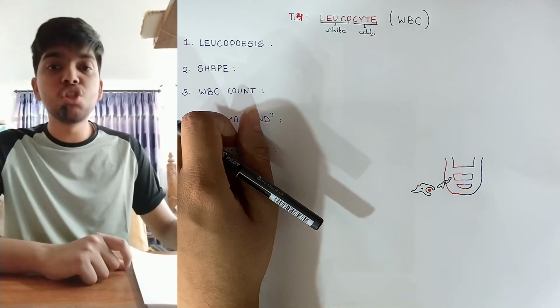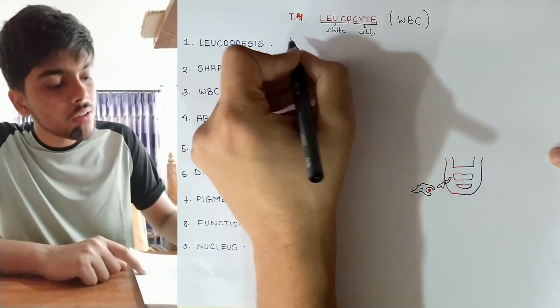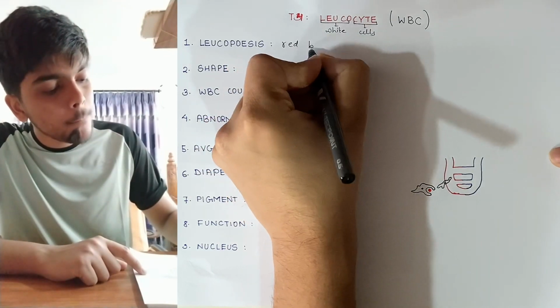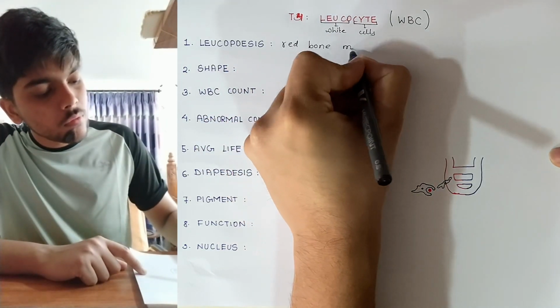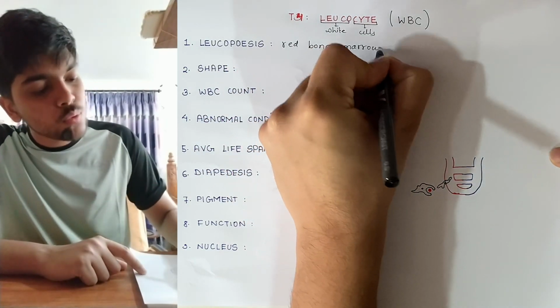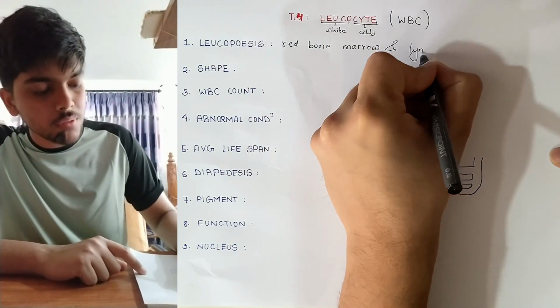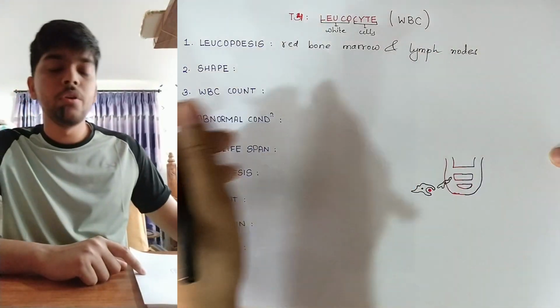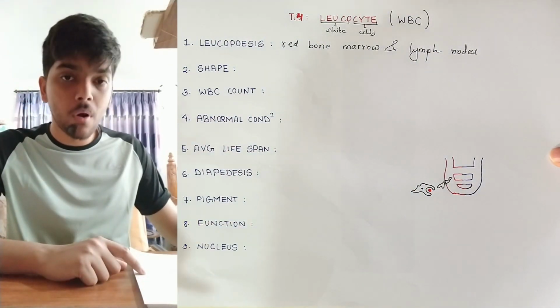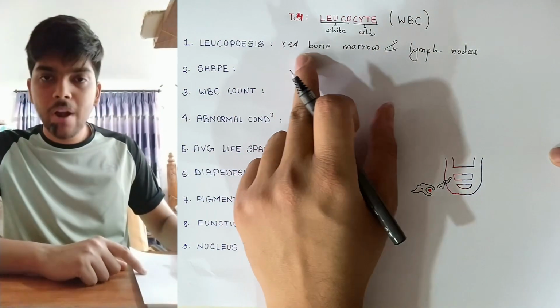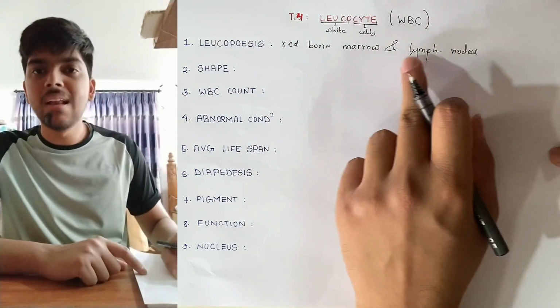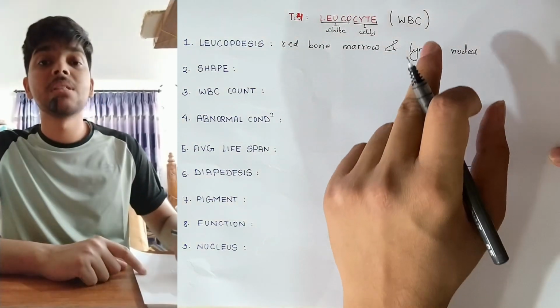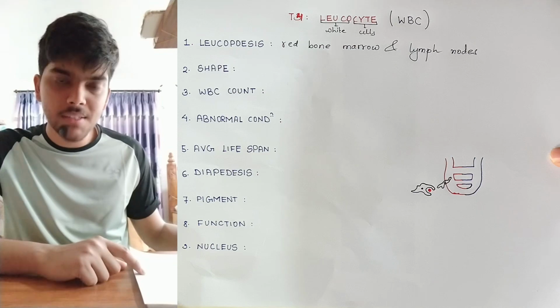And these tissues or parts are red bone marrow as well as lymph nodes. You don't need to know the process. All you need to know is that in the human body, at red bone marrow and at lymph nodes, the process of formation of WBC takes place.